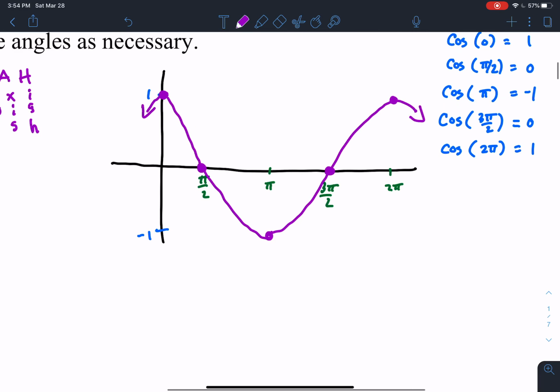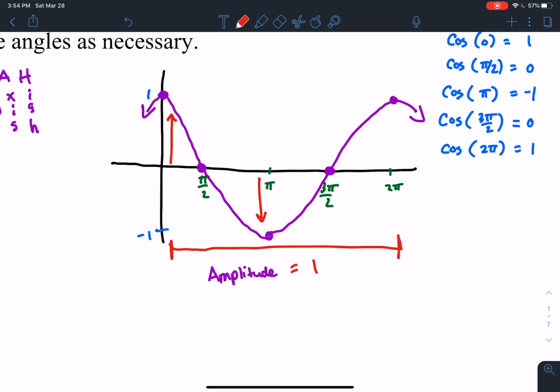Now, what would be the amplitude here? The amplitude is how high and how low you go above and below the principal axis. So you're going up 1 above the axis, and then you're also going down 1, okay? So the amplitude here is going to be 1. And then how long does it take for the cycle to repeat?